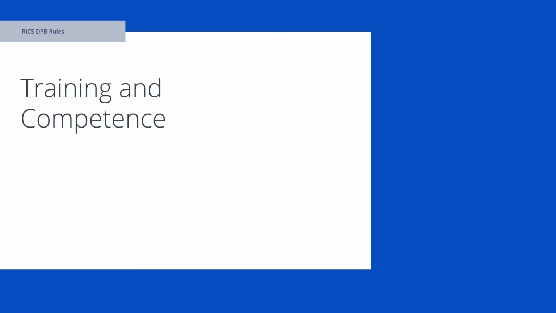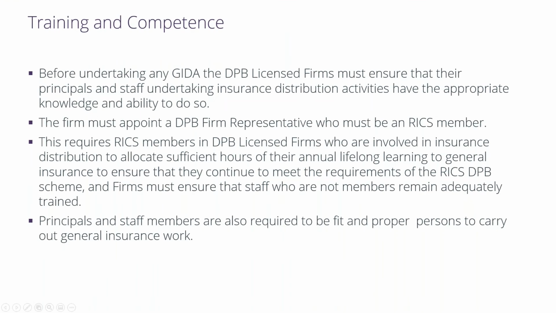Training and competence. Before undertaking any GIDA, the DPB licensed firms must ensure that their principals and staff undertaking insurance works have the appropriate knowledge to do so. The firm must appoint a DPB firm representative who must be an RICS member.